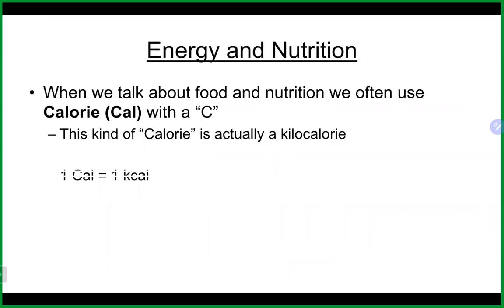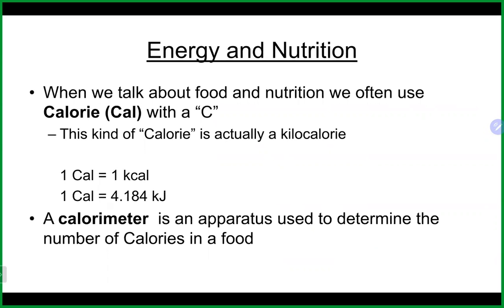So we talked a little bit about energy and nutrition. I think we talked about it earlier, but remember that when we talk about calories with a capital C, that is nutritional calories. Once again, one of the capital calories is actually 1,000 of the little calories, which is also 1 kilocalorie.